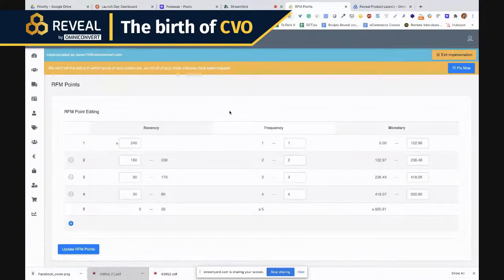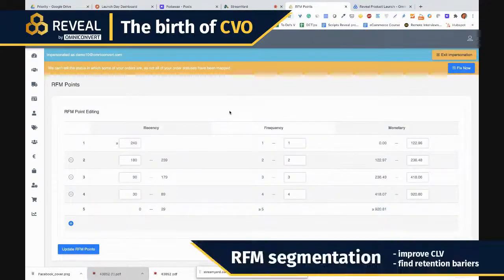But what is most important is to go to the settings and make sure that you edit the RFM points. Recency, frequency, and monetary value stand for scores that you are able, using Reveal, to change. The higher the score on recency, frequency, and monetary value, the higher the chances for a customer to buy. You can change this really easily here.